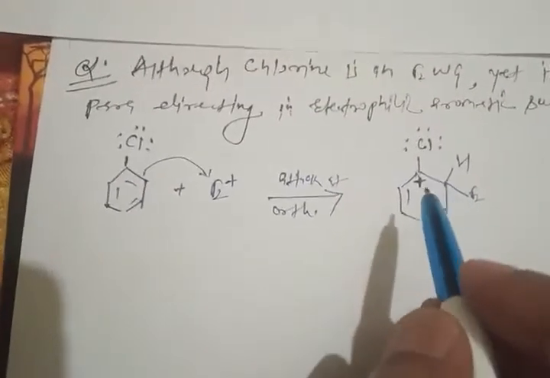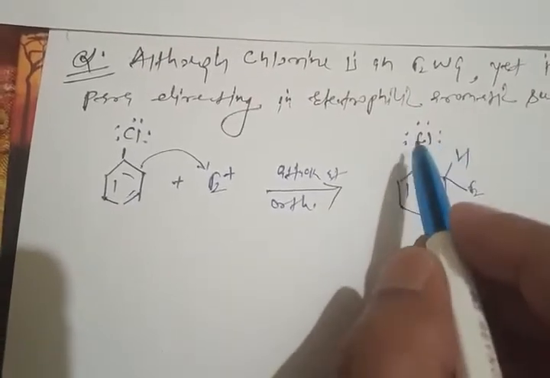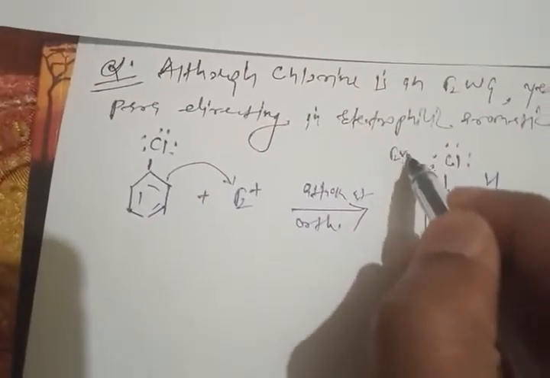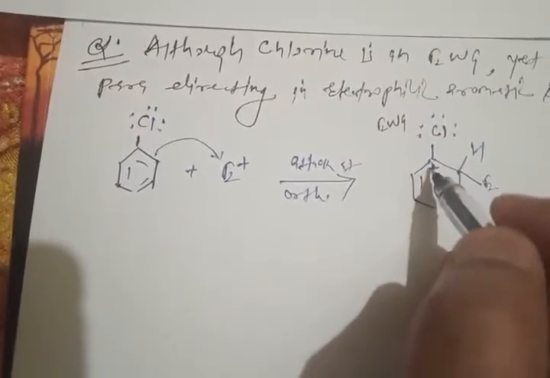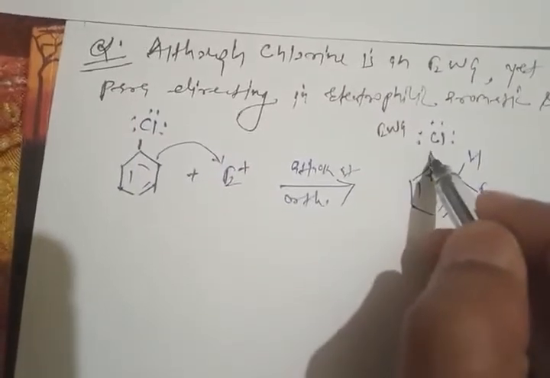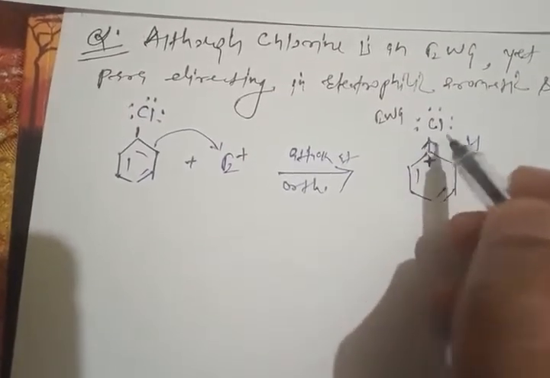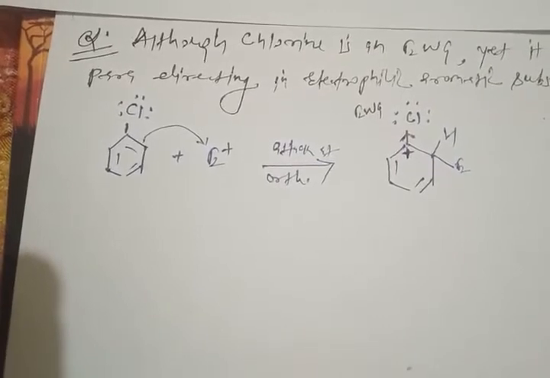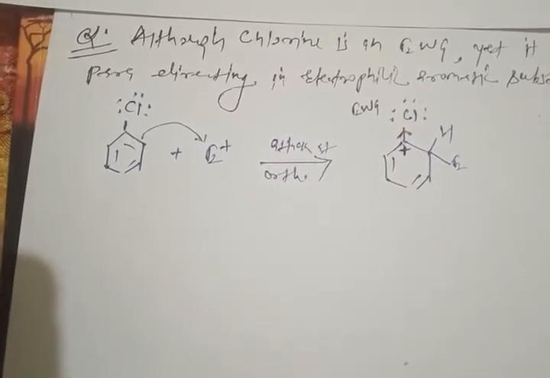Now this is a positive charge and this is an electron withdrawing group. It will withdraw the electron, and if it withdraws this electron, this certainly destabilizes the intermediate carbocation.